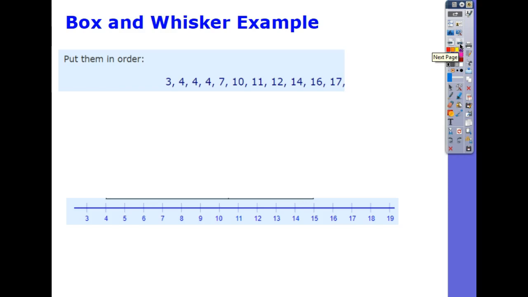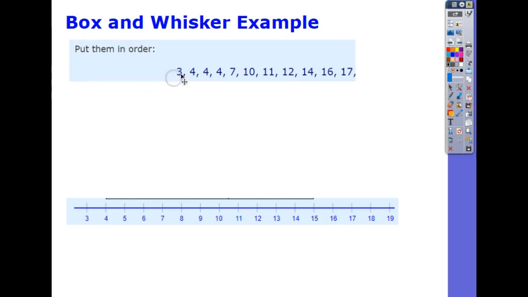The first thing you're going to need to make the box and whisker plot is the median. To find the median, the numbers have to be in order so you can find the middle number the easiest. I was taught to mark a number off of each end and then work your way toward the middle.